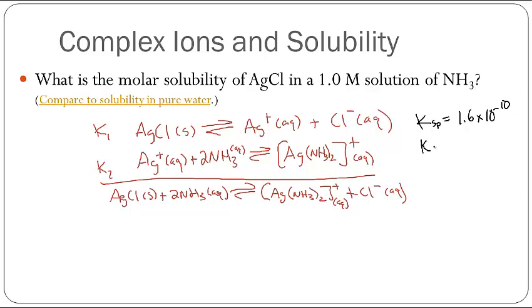My KF was that also, so my overall K is KSP times KF, which I have written down, but Edward's going to tell me in a second. 2.56 times 10 to the minus 3.